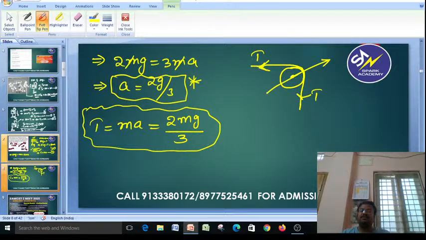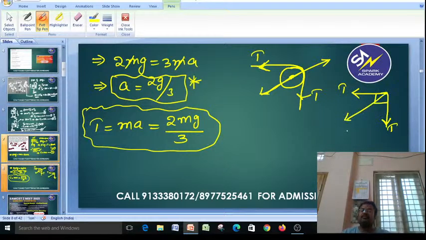But another force is also acting, because the two tension forces are acting like this: one in the downward direction and one towards the left side. Both act perpendicular to each other.